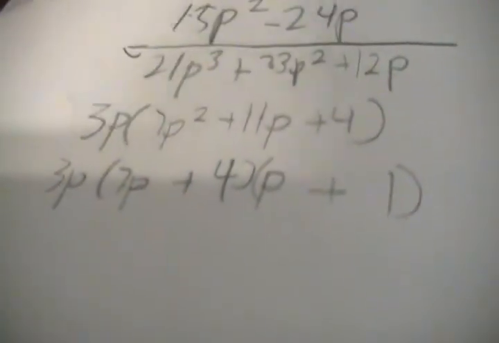Well, yes we can. So 4 and 1, because we know that 7 times 1 is 7, and then 4, and if we add those two together, 7 plus 4 equals 11. So we'll put a positive sign. Alright, so now let's find the values of p.